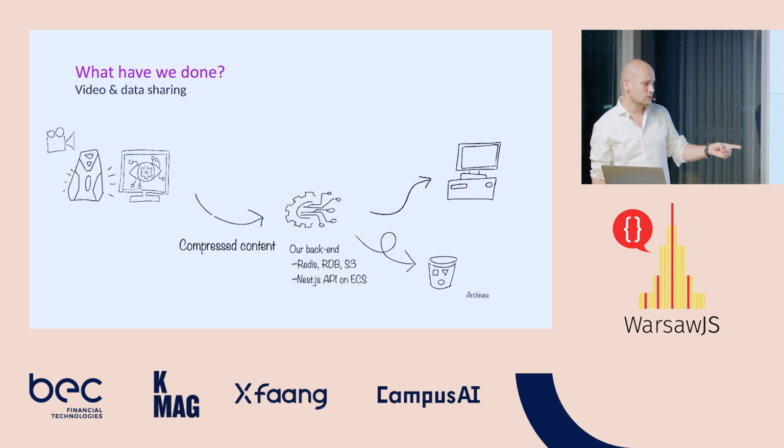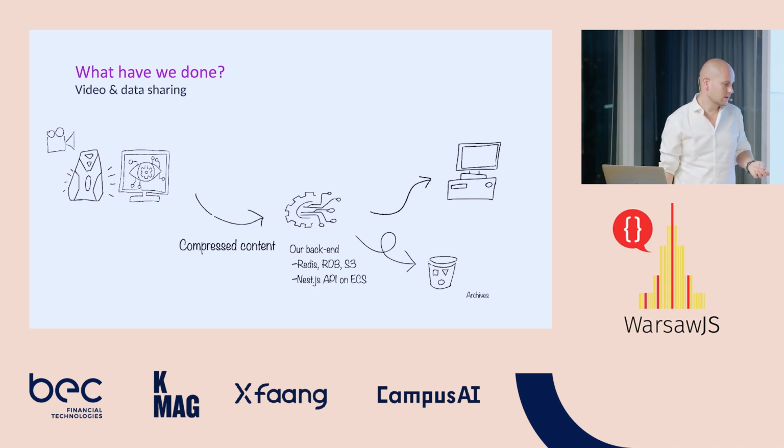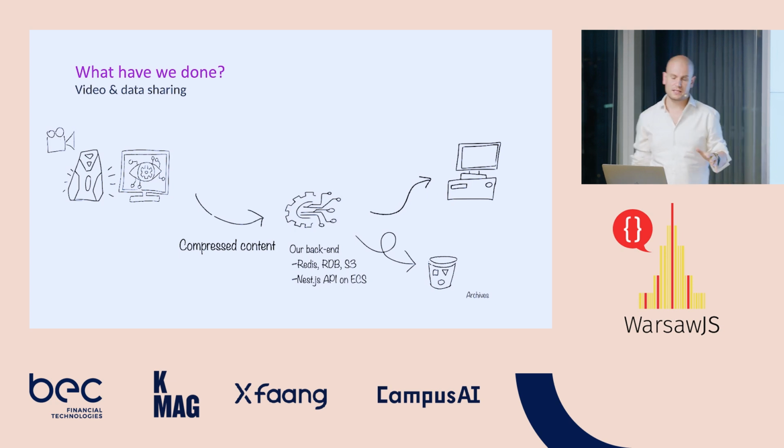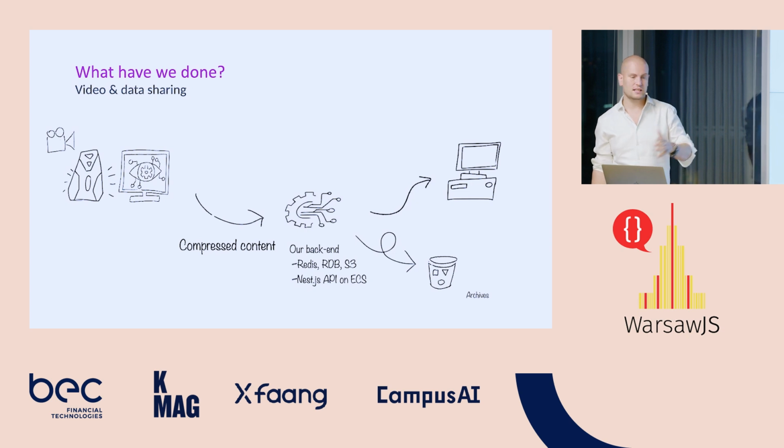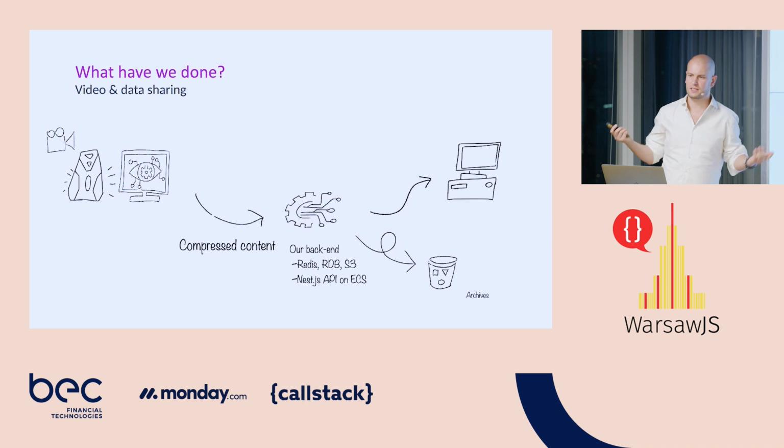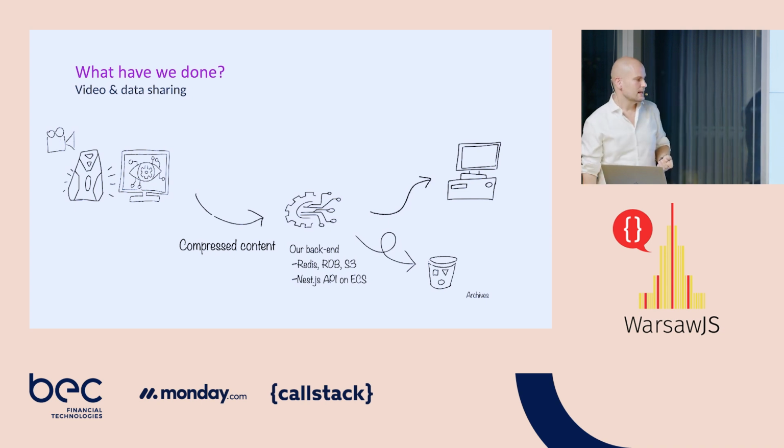Then we have a standard relational database, and we use S3 buckets to archive and store our data. In our backend we use Nest.js, and our application is deployed on ECS, the managed Kubernetes by AWS.